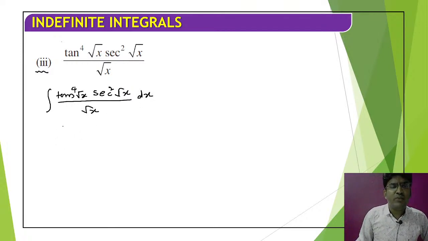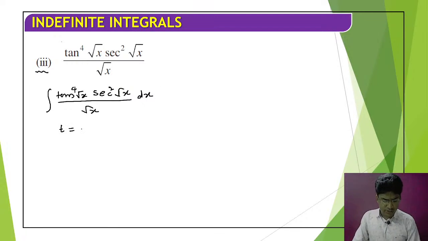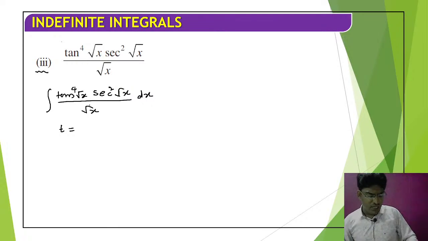Quickly tell me, for t equal to what do I have to write? You have tan raised to 4, secant square, and also root x. So you have these functions. Now tell me what I have to write for t. Quickly think and tell me the answer.